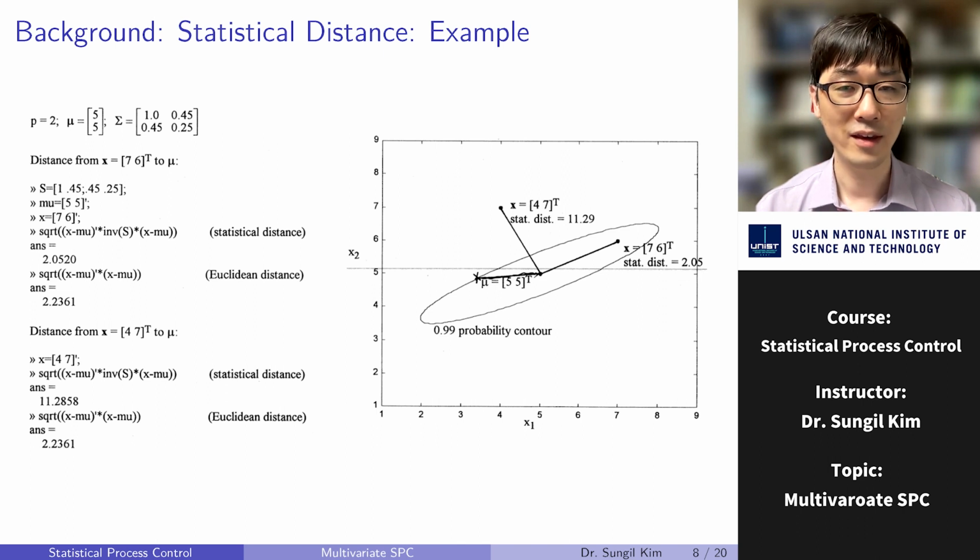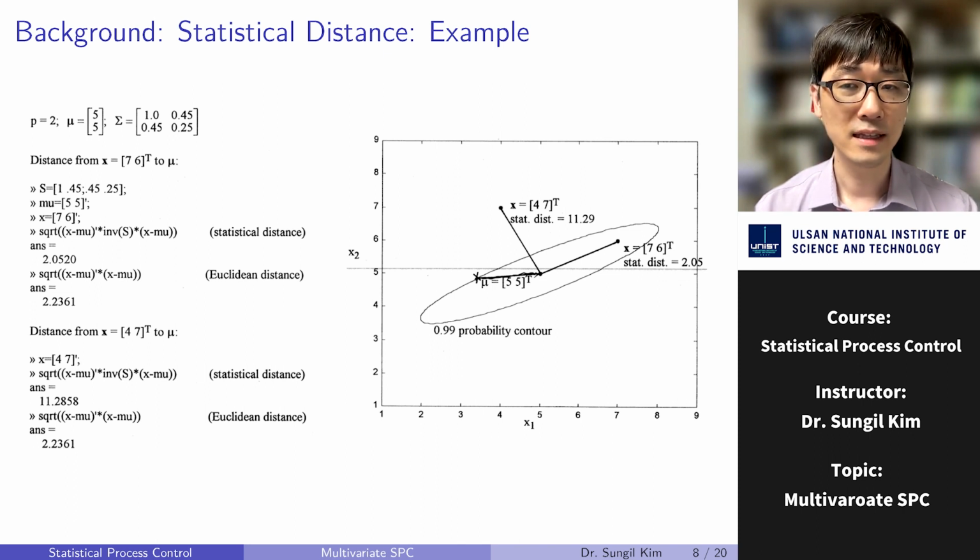Look at this figure. Consider a multivariate normal distribution with mu 5, 5 and the covariance matrix 1, 0.45, 0.45, 0.25. We have two data points, 4, 7 and 7, 6.